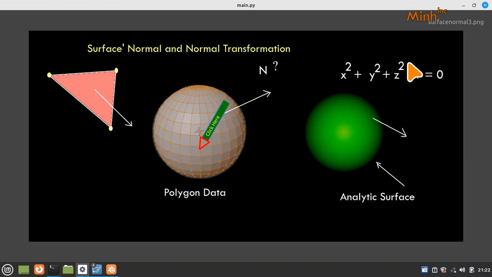Then we'll see much awaited. So surface normal we calculated, much awaited normal transformation. The relationship between surface transformation and normal transformation. Okay, so if I rotate this, translate this, or scale the surface, what about the normal?